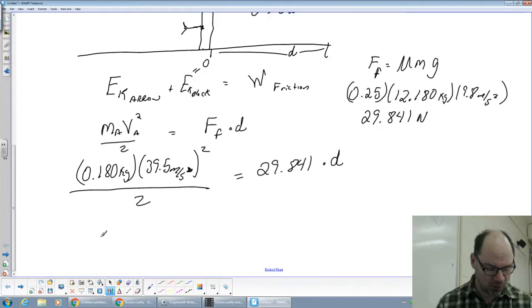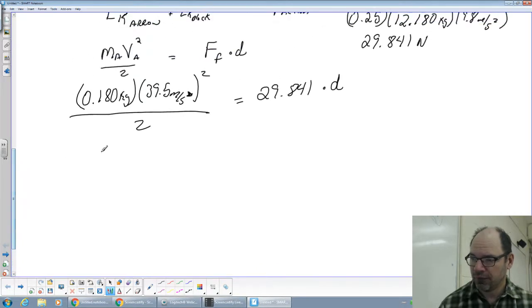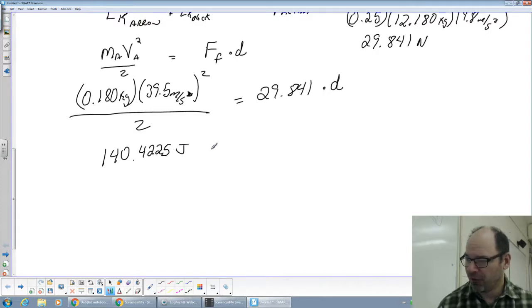So let's go ahead and work out the left side. 39.5 squared times 0.180 divided by 2. Okay, and you get 140.4225 joules equals 29.841 times d.